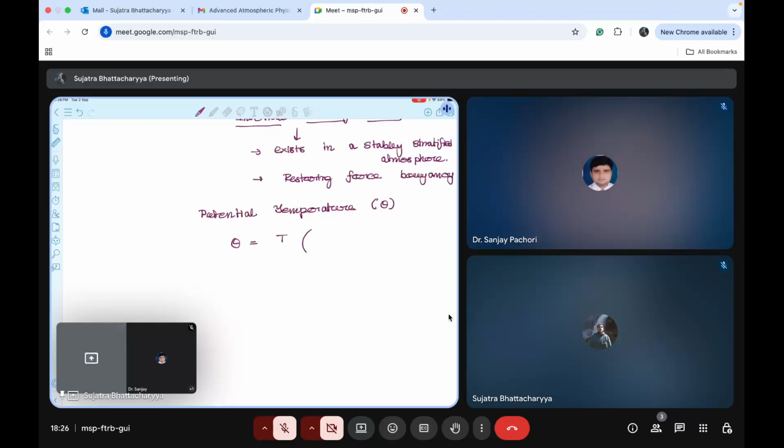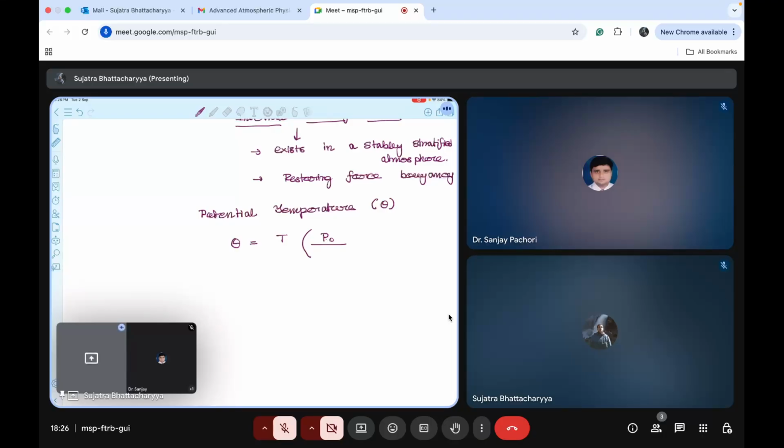Theta is equal to T times P naught over P, with a reference pressure, because since it is a potential, just like when we calculate potential energy, we take a reference of height z equal to zero level. Then we calculate the height, and g times that height is the potential energy of that particular body.